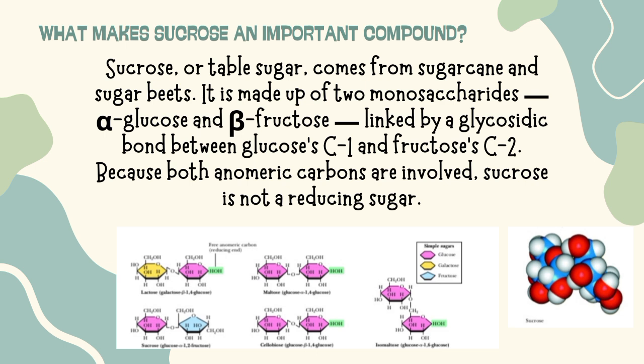What makes sucrose an important compound? Sucrose, or table sugar, comes from sugarcane and sugar beets. It is made up of two monosaccharides, A. glucose and B. fructose, linked by a glycosidic bond between glucose's C1 and fructose's C2.